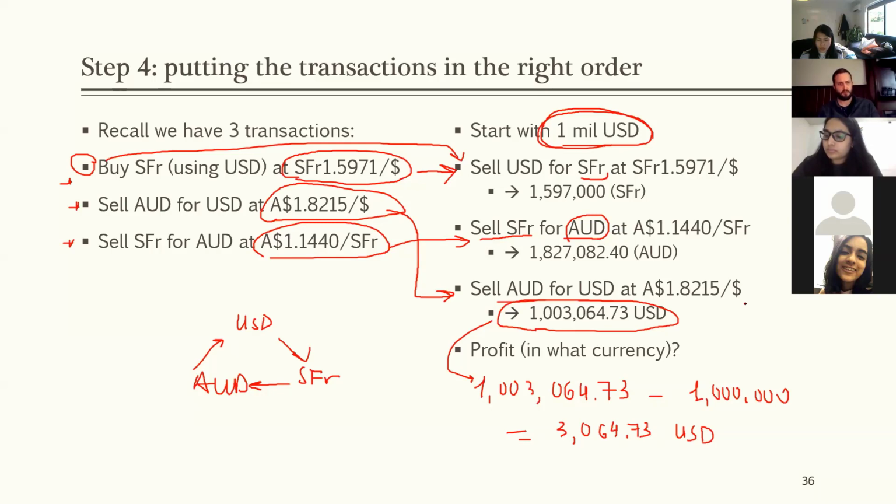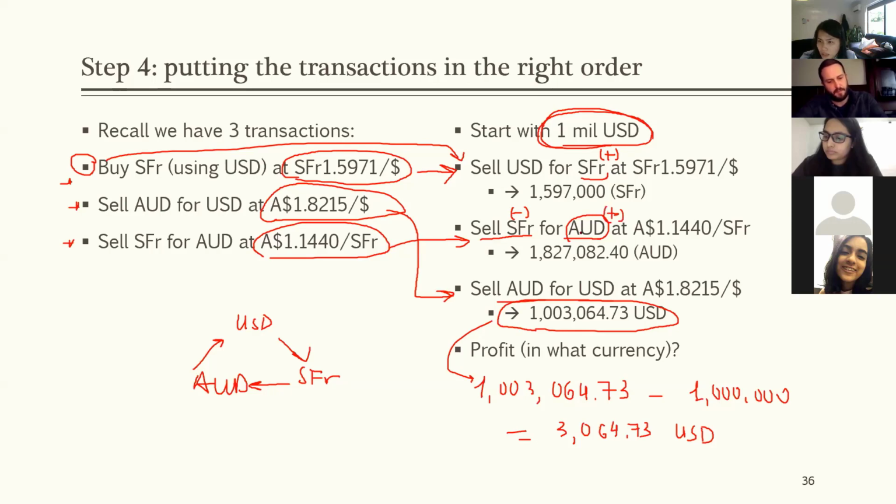So in an arbitrage strategy, you want to check 3 things. Number 1, you should have a zero cost strategy. So for example, in this strategy here, in the first transaction, you acquire the franc, right? And then you sell it in the second transaction. So these two cancel each other out.